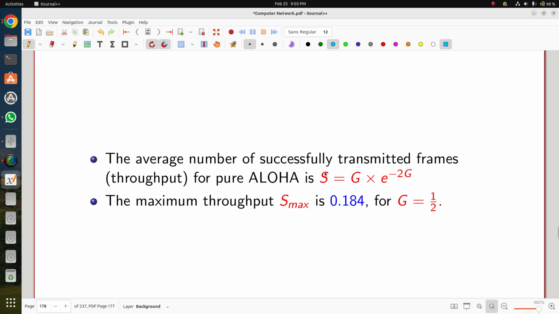So S is the throughput, computed by G into e to the power minus 2G, and if you compute S for G equal to 1/2, you will get this value.